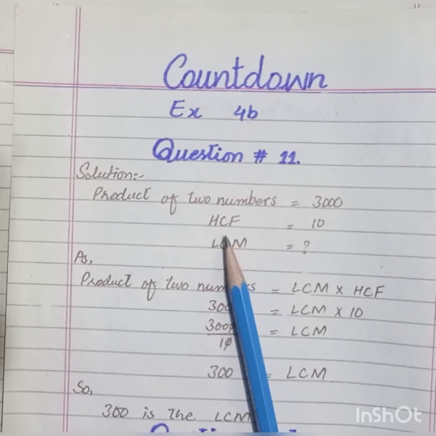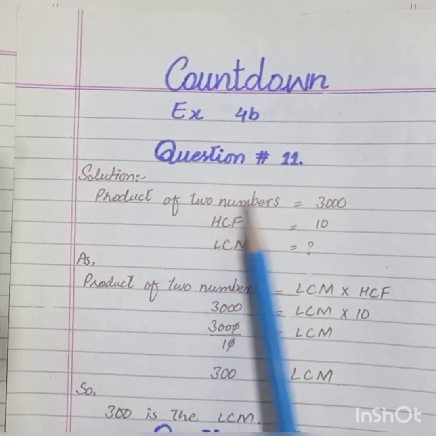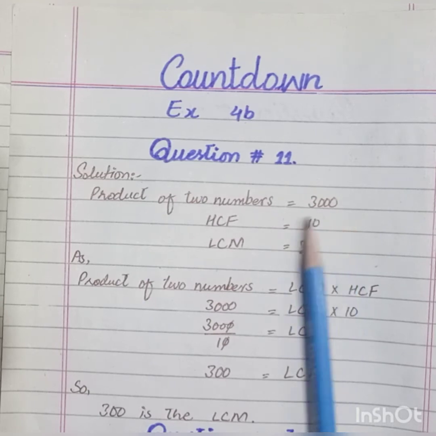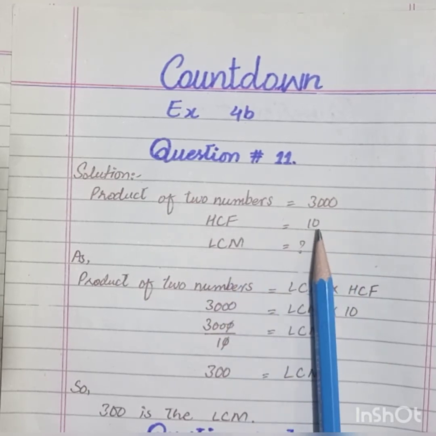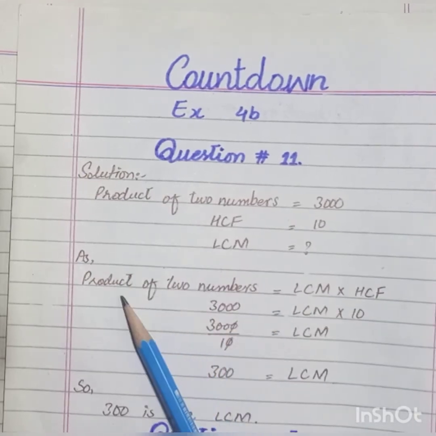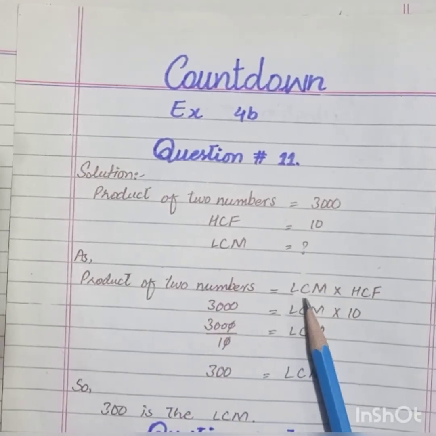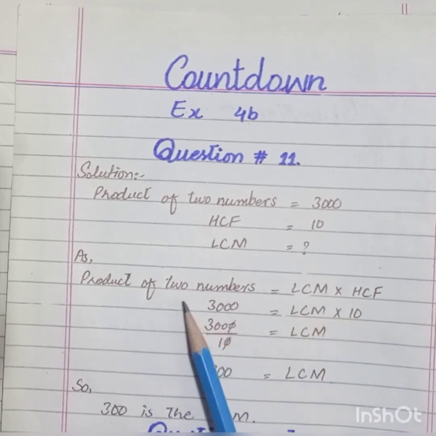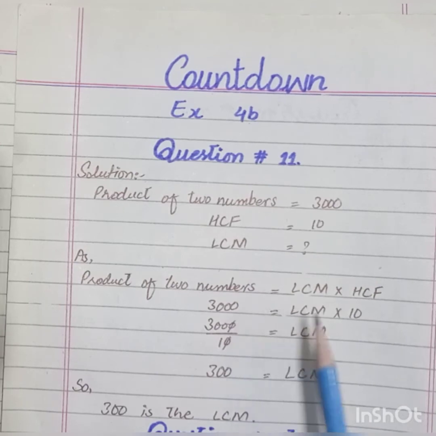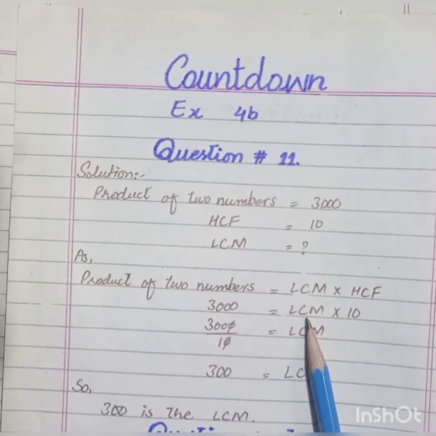Now students, here is the solution and you can see that the product of two numbers is equal to 3000 as it is already given in the question, and HCF is equal to 10. We have to find LCM, least common multiple. So the formula is product of two numbers is equal to LCM multiplied by HCF. We know that the product of two numbers is equal to 3000, so 3000 is here and we have to find the least common multiple.